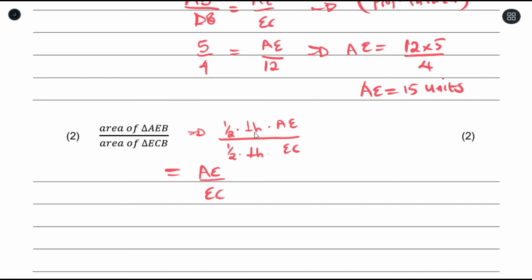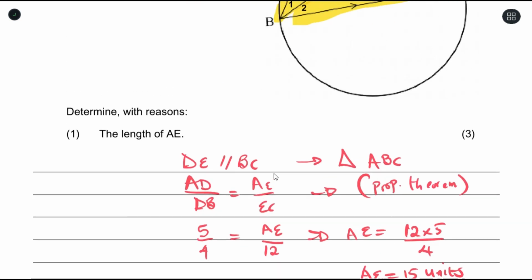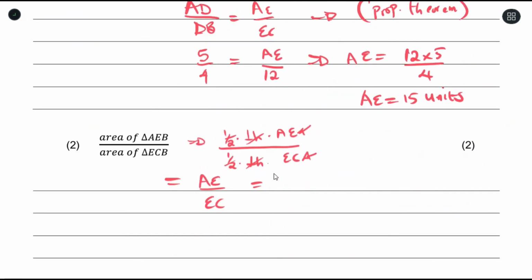They both have the same perpendicular height, so they cancel out. They both also have half, so they cancel out, as you can see. You're just left with AE and EC. So we understand that AE from the previous question was 15, EC was 12. So the ratio is just 5/4. And this will be your answer.